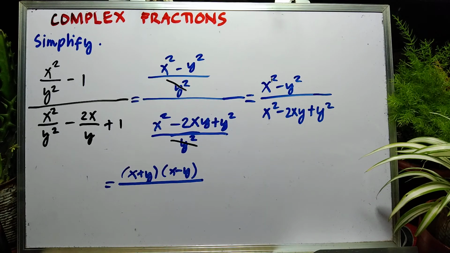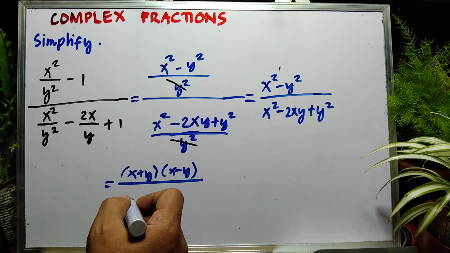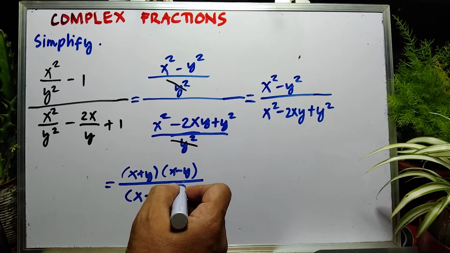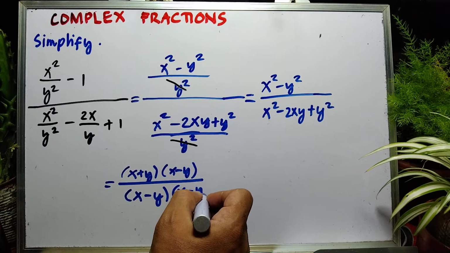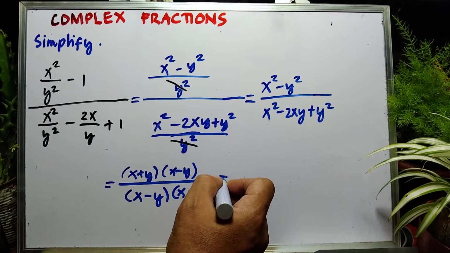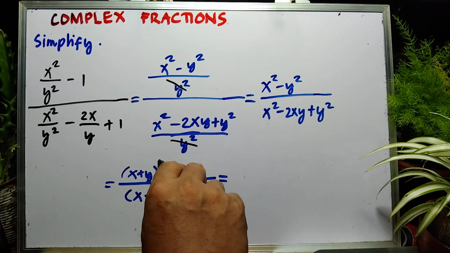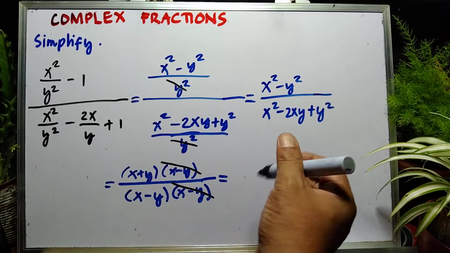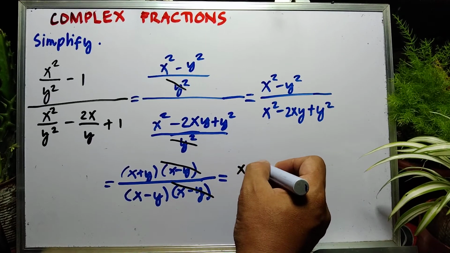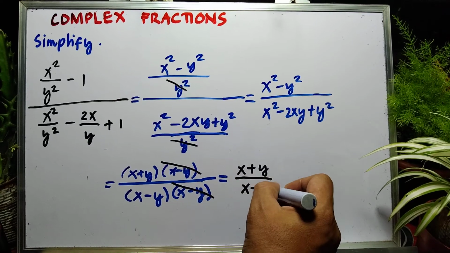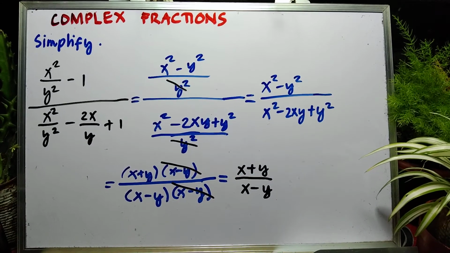A perfect square trinomial. So you have x minus y times x minus y. So, from here, makikita natin ang common nila, no? So, their common is x minus y, so we could cancel x minus y. So, what is left? X plus y all over x minus y. So, that's it.